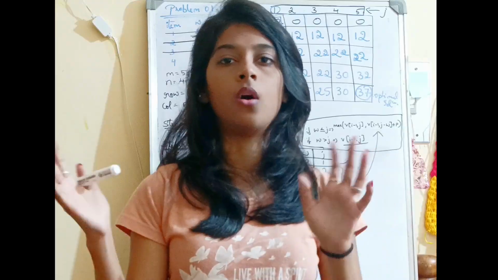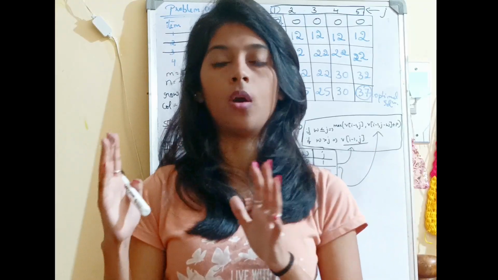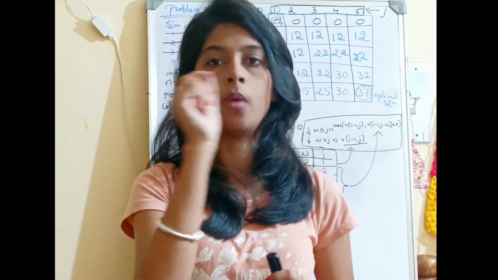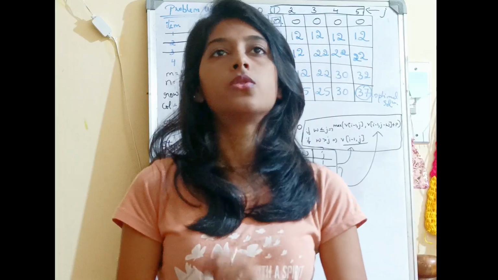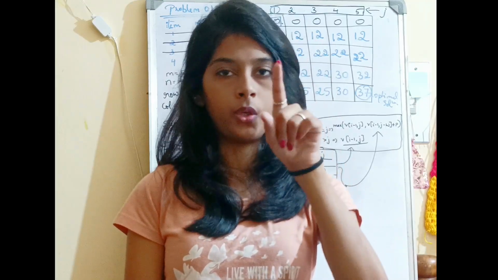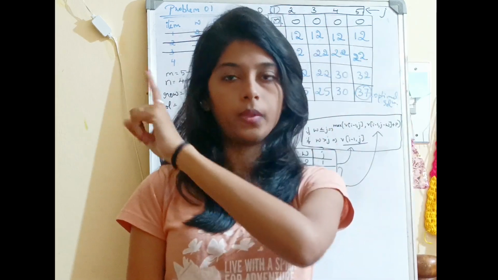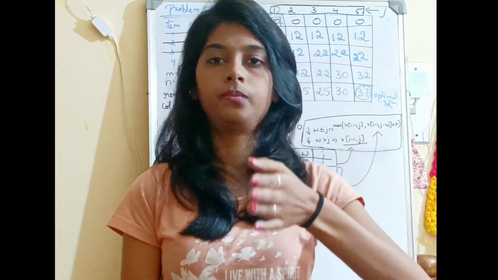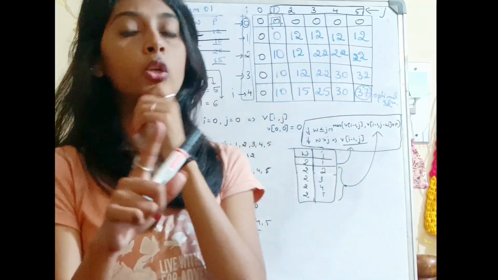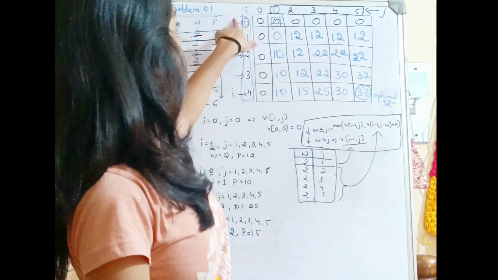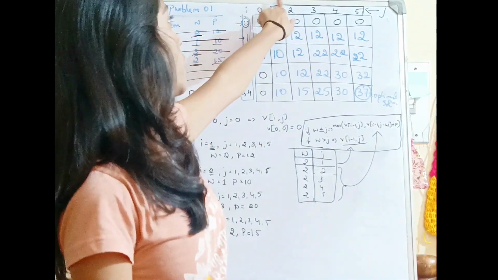So what is this funda of v? v of i comma j, if you get some values like 0 comma 1, 1 comma 2, like that, so the first number you have, v of first number, that is known as the row. Okay, that row, and the j is the column. Okay, so suppose you get 0 comma 1, then you have to find the 0th row and first column.